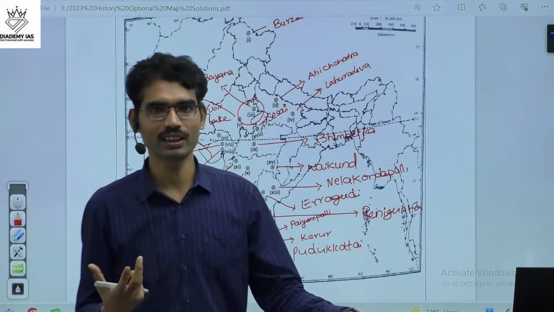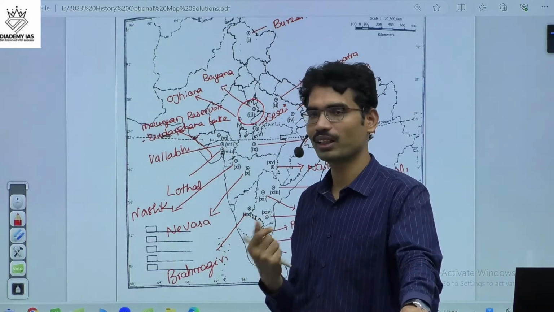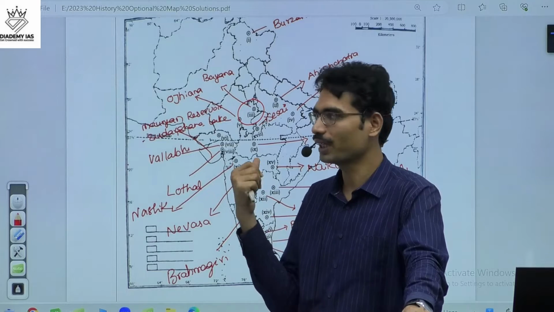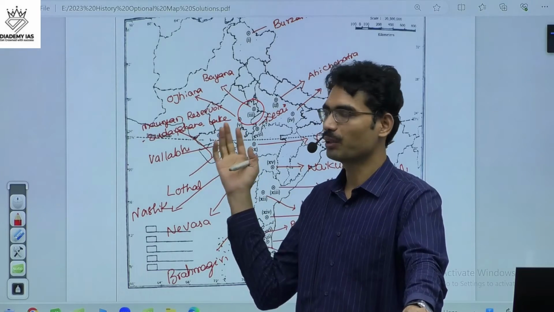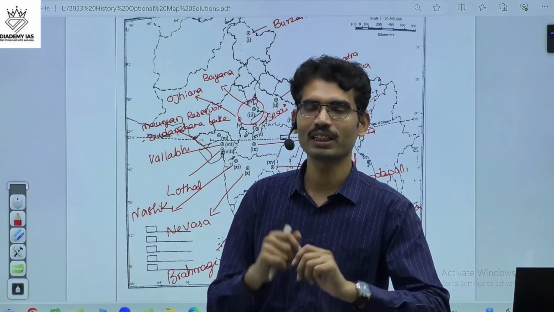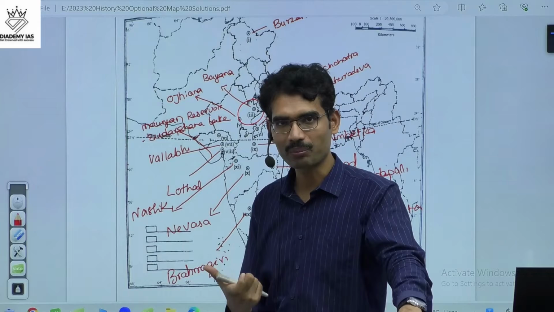So archaeologically, if something is discovered like this, what kind of inference do we get? First of all, we see what the timeline of these coins is, and it appears to be Gupta coinage. During the Gupta time period, these many coins were discovered. That means wealth during the Gupta time period.